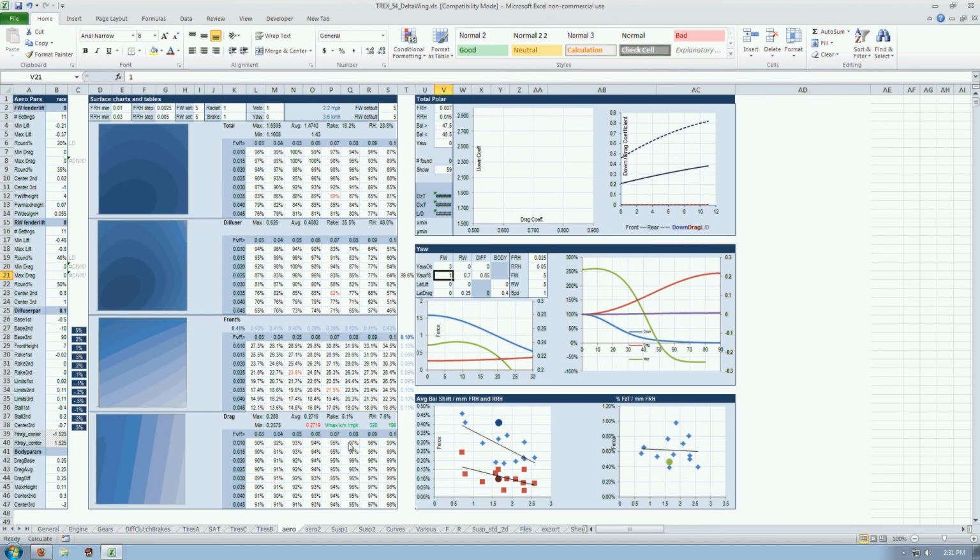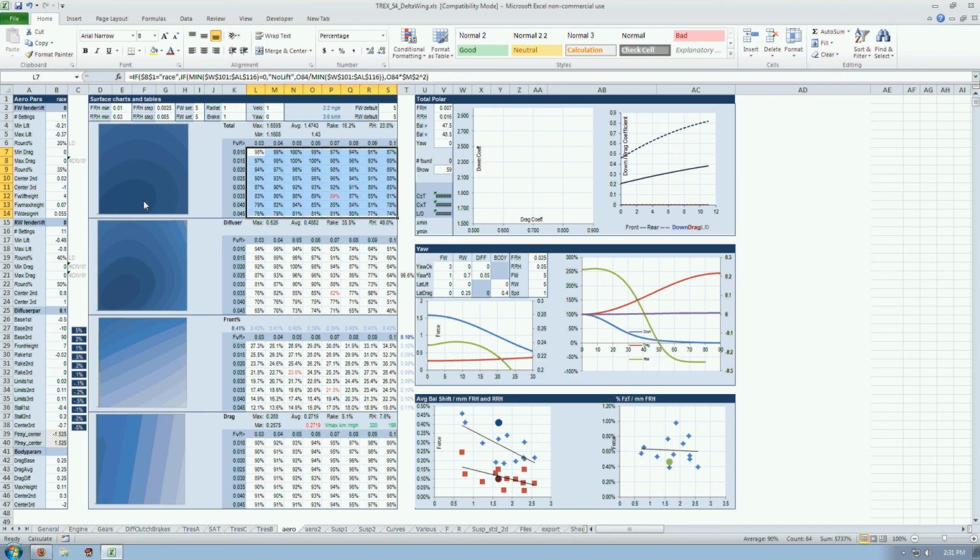Alright, so this is double checking. We have a ride height sensitivity here, so at a front ride height of 45 mils and a rear ride height of 30 mils, you can see that I have 76% of the maximum downforce, and you can see sort of this shape of the map.